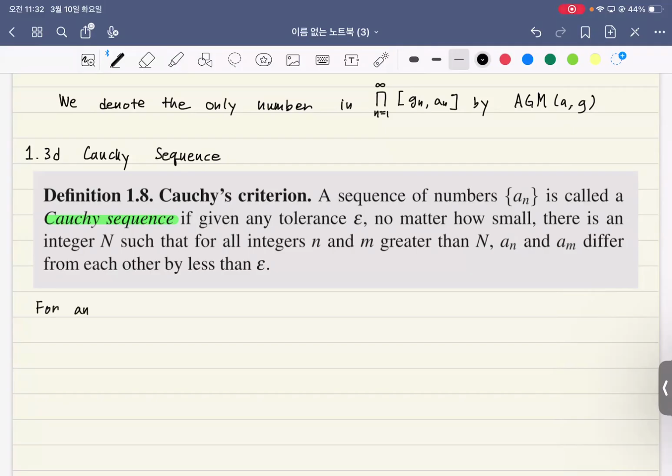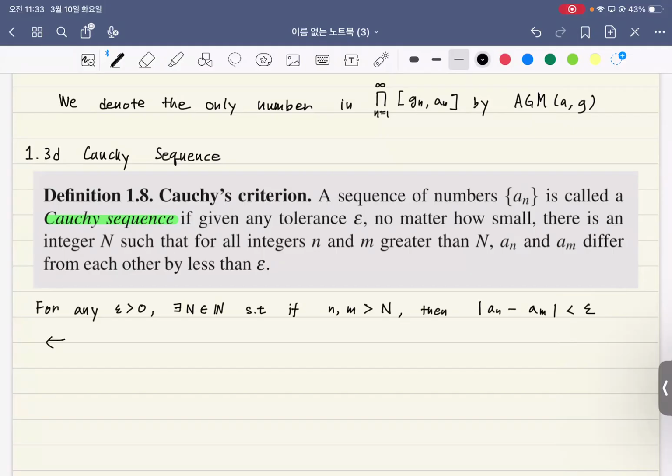For any epsilon, there is a positive integer N satisfying the following property: if these two integers are greater than this number, then a_n minus a_m is less than epsilon.